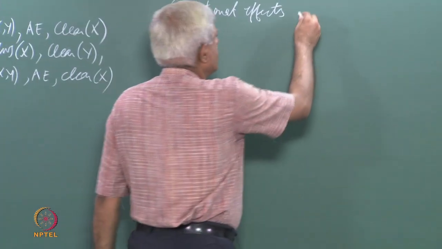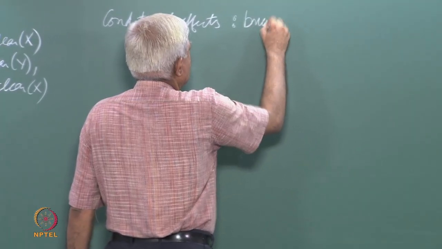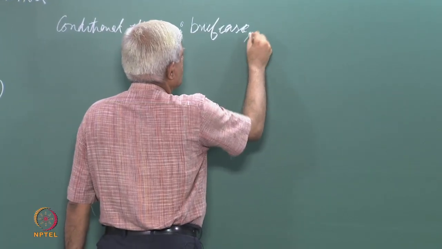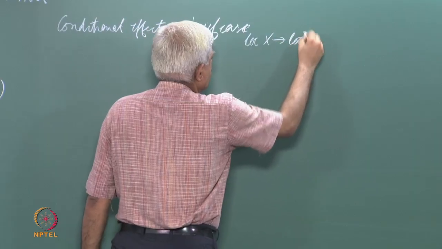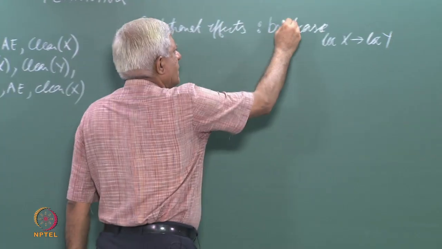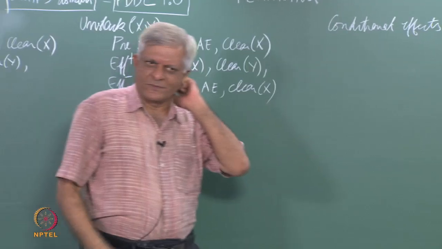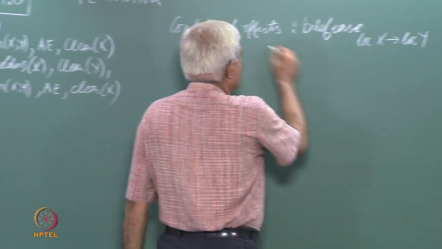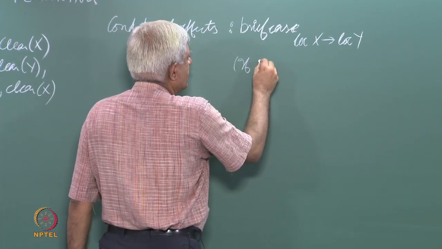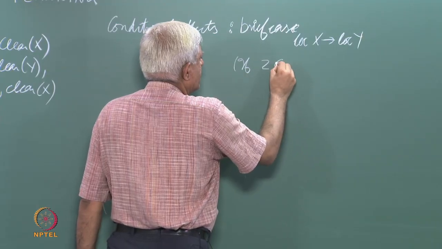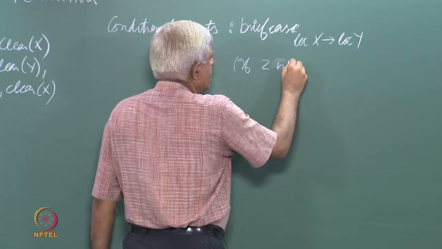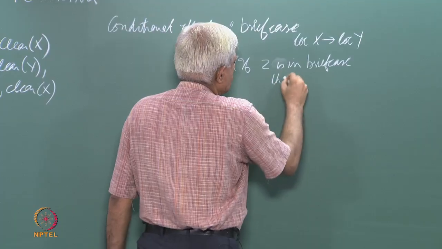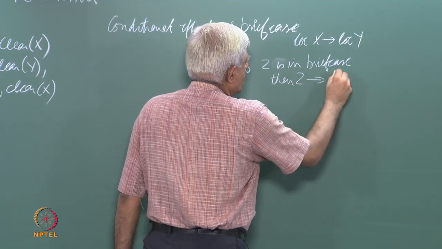Or if you look up the web, you will see something like a briefcase domain. So, if a briefcase goes from location x to location y, so let us say you have a bag that you carry from department to hostel, then if there is a book, a conditional effect will say if z is in briefcase, then z goes to location y.